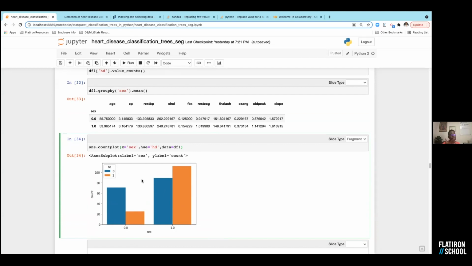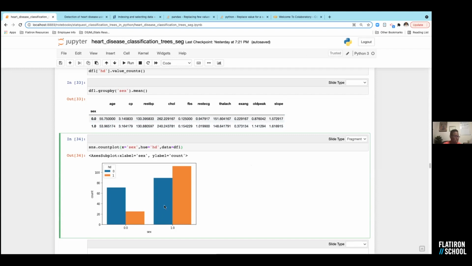So what insight can you gain from just this graph right here? Anyone, you can type it in the chat. Yeah, absolutely. So you see how you can see that even before you generate any kind of model, right?